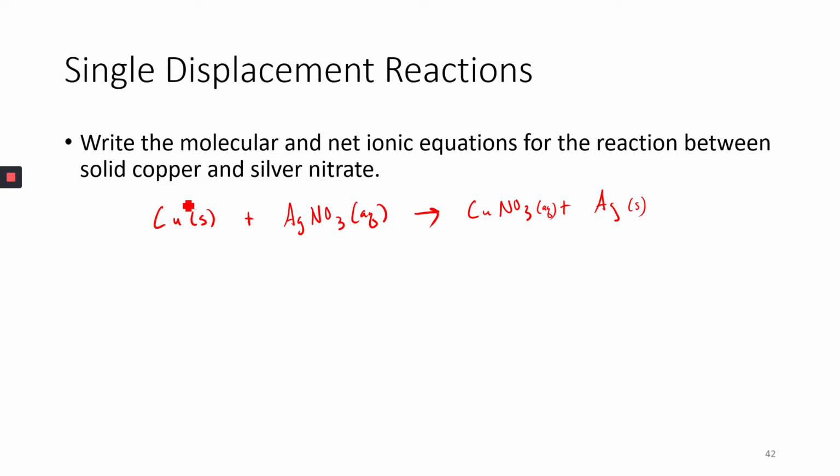Now we're going to write our charges on top. Nitrate as a whole is -1. So that's a spectator ion, so there's no need to assign charges to that. So now let's write our net ionic equation.